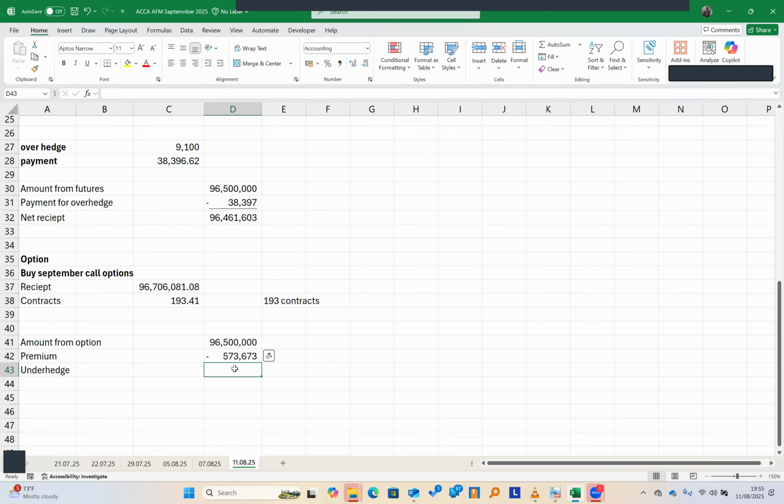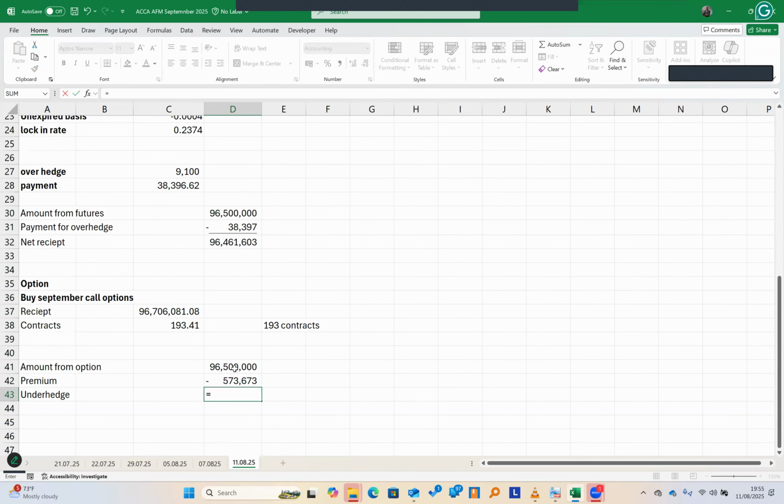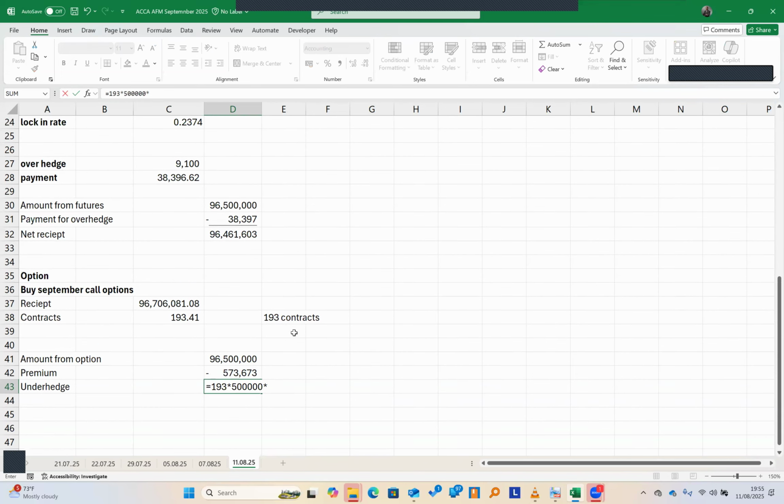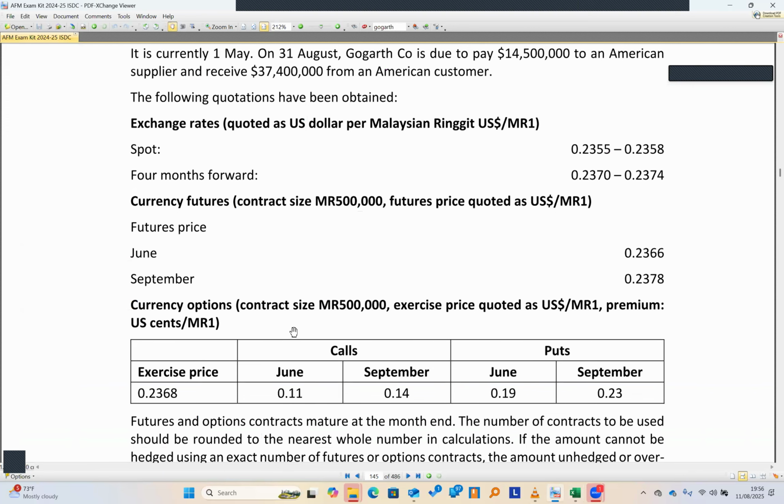Now, to determine what is the under hedge, we said, okay, we said that we are looking at 193 contracts, and each one is 500,000. And then we multiply by the amount which we said, 0.2368.